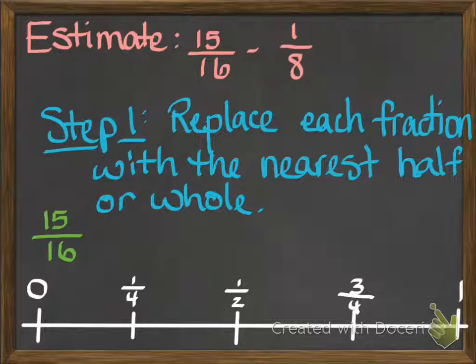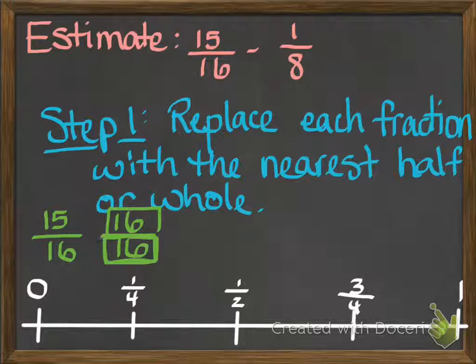15/16, if I had to cut my board up into 16 pieces, I would find out that 15/16 is about right here. Now, I didn't have to cut up my board into 16 pieces to find that out, and here's why. I know that 16/16, if I had a pizza cut into 16 pieces, that would be the denominator.